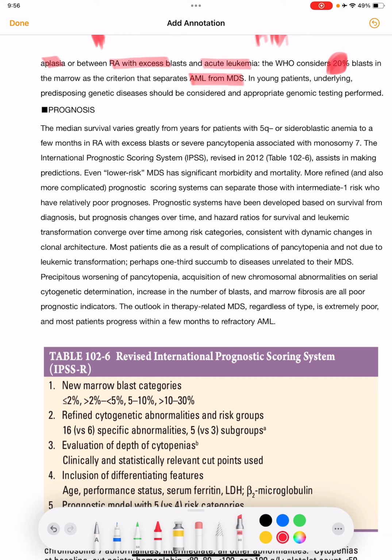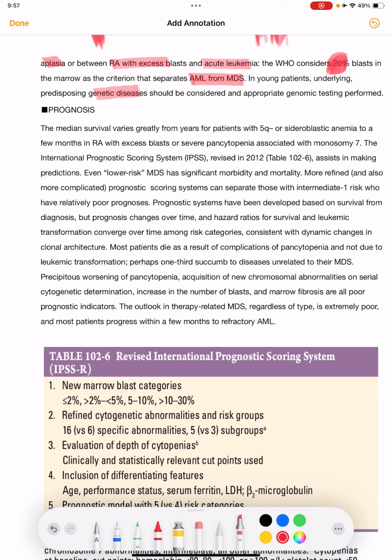In young patients, underlying predisposing genetic diseases should be considered, with appropriate genomic testing. The median survival varies greatly, from years for patients with 5q minus or sideroblastic anemia to a few months in refractory anemia with excess blast.